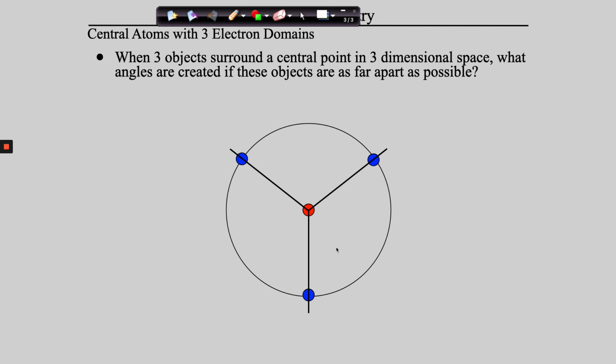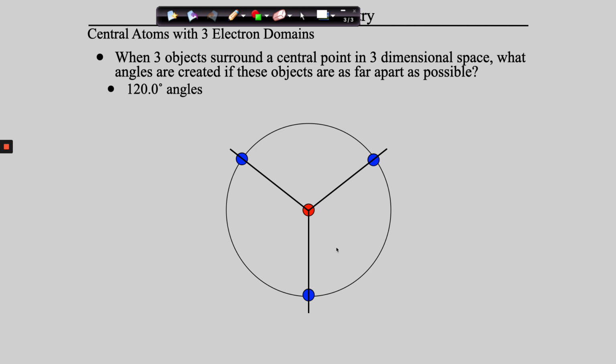Can you see the 120 degree angles? But guys, here's the thing that's neat. If we think about this in 3-dimensional space, here's what happens. If this balloon tries to move up or down, the other balloons move with it. But that's 2-dimensional. What if we move forward and back? And guys, the answer is if we move forward and back, the other balloons move with it as well. And even in 3-dimensional space, the answer is still 120 degrees.